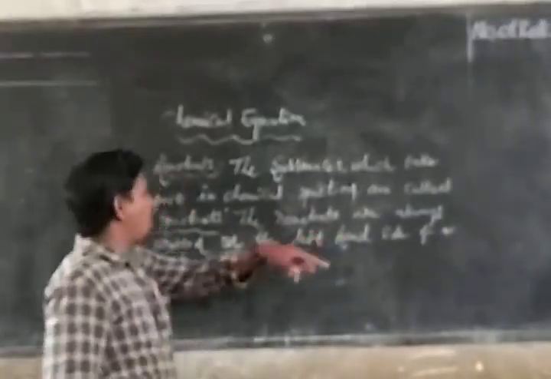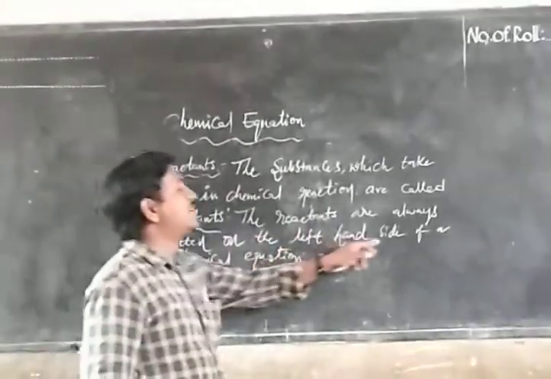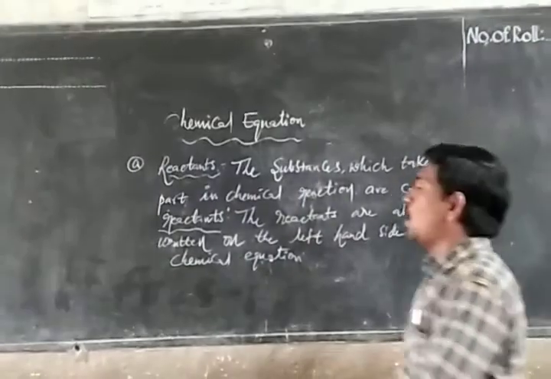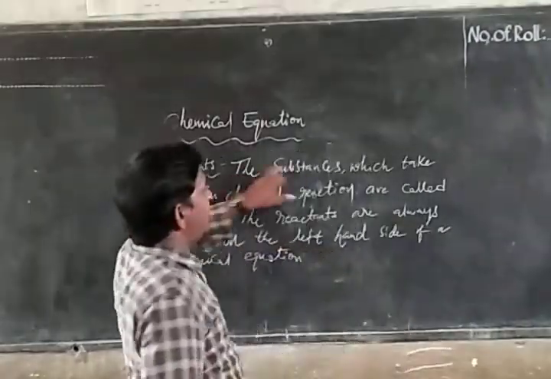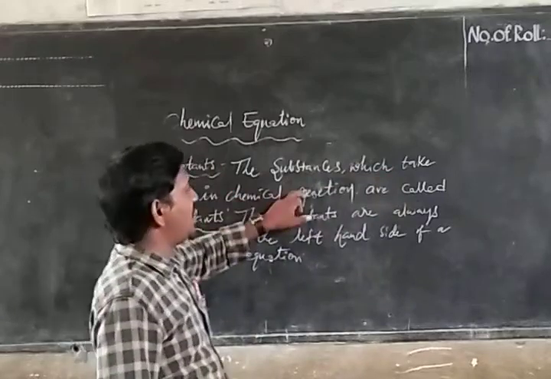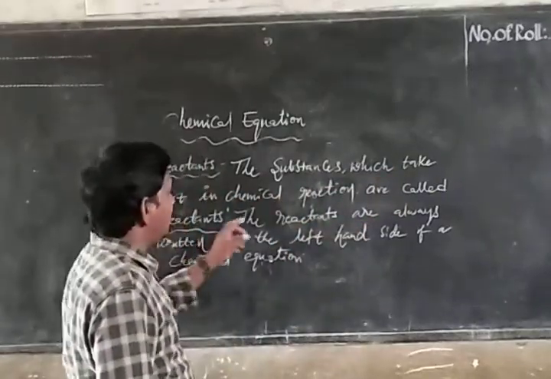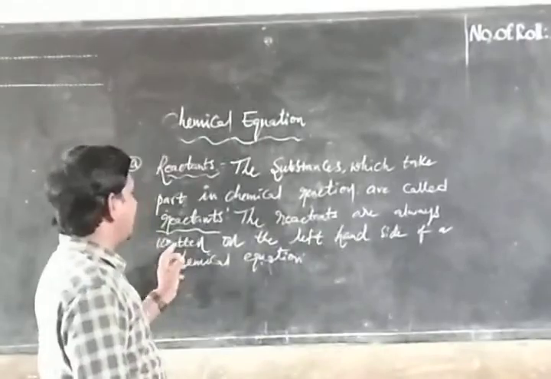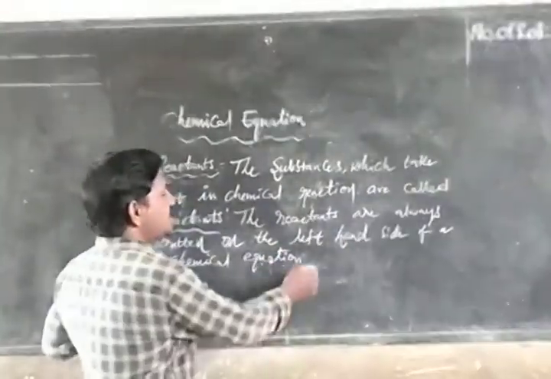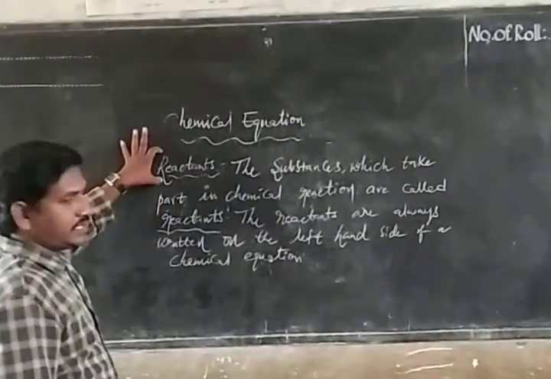The reactants are always written on the left hand side of a chemical equation. This is about the reactants.